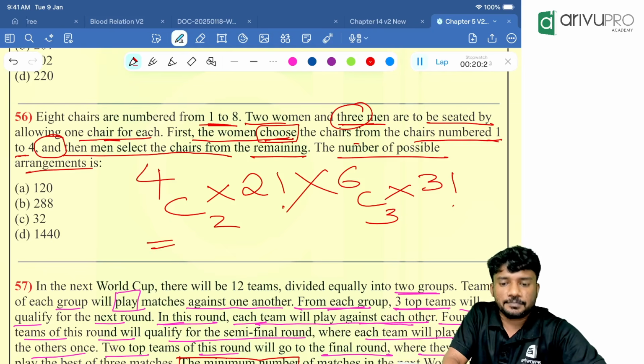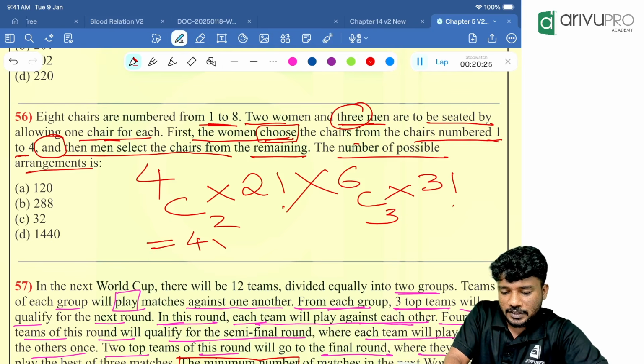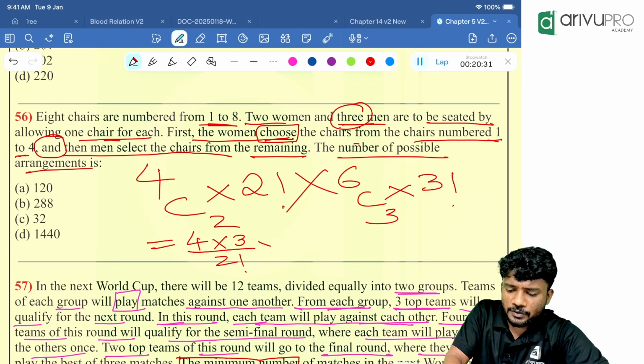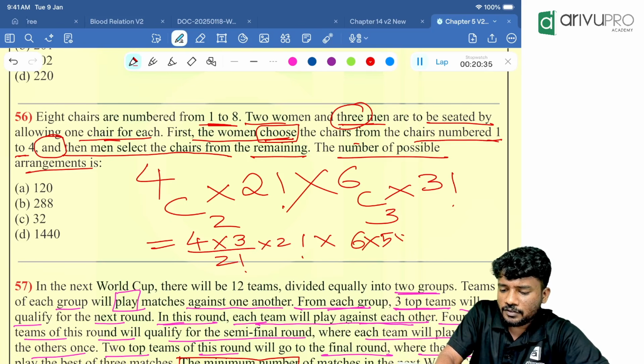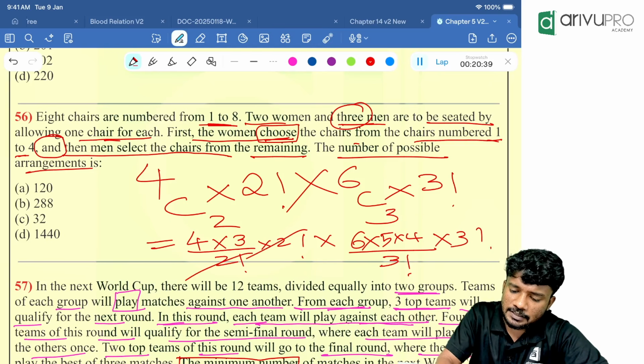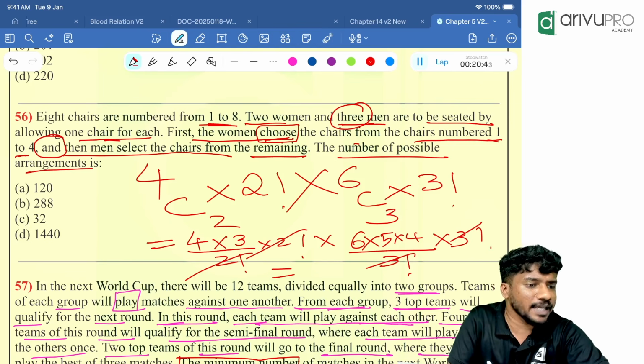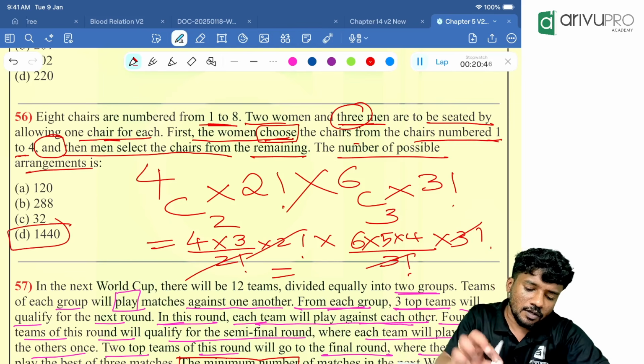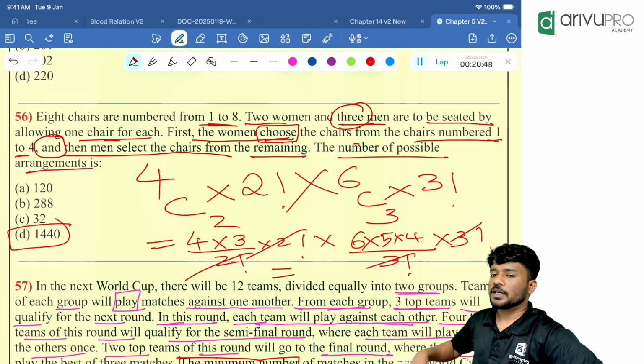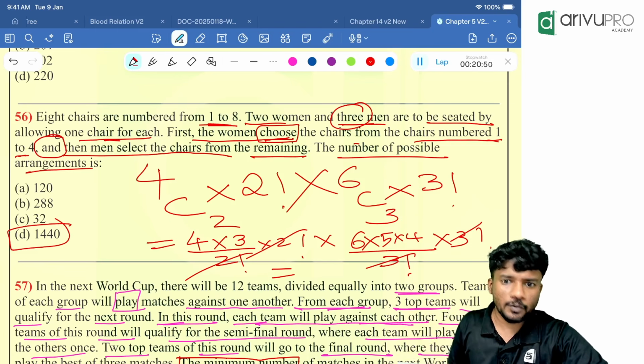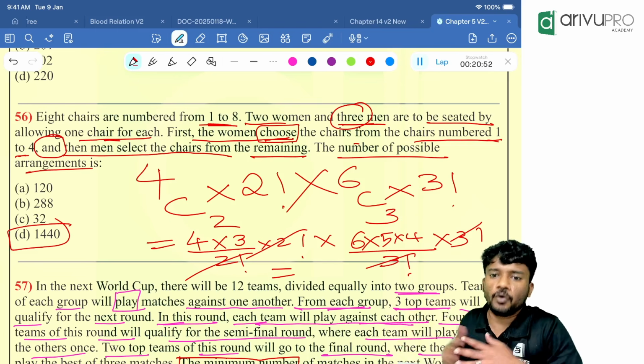How much is it? 4C2 is nothing but 4 into 3 divided by 2 factorial into 2 factorial, multiplied with 6 into 5 into 4 divided by 3 factorial into 3 factorial. Cancel, cancel. What is remaining? Remaining things you multiply and tell me how much is the answer. 1440. So I showed you one question based on both.